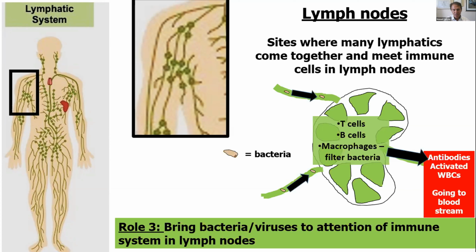The bacteria also will get destroyed within these lymph nodes so that they don't go further and infect the patient further. So this is role number 3 of the lymphatic system, a role in the immune system to bring bacteria and viruses to the attention of the immune system.